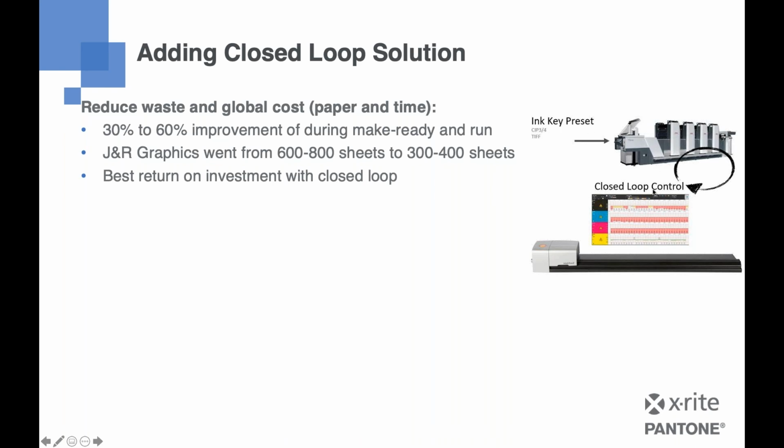With the closed loop solution there is also ink key presetting, and this all together helps a lot to reduce the make-ready time and reduce the paper waste with that.